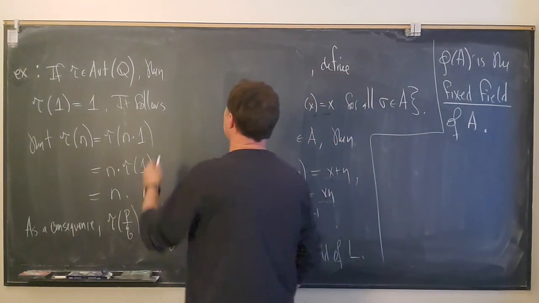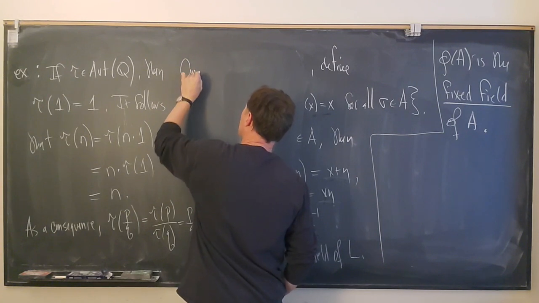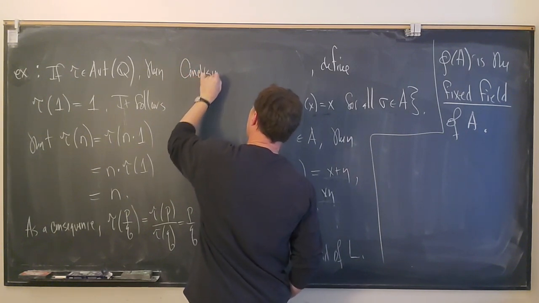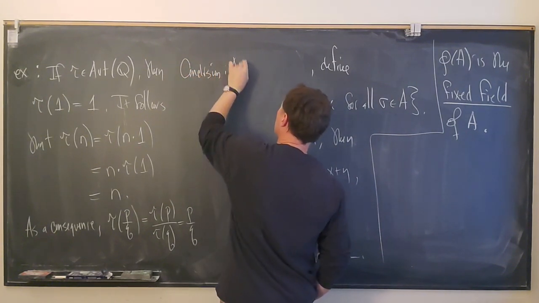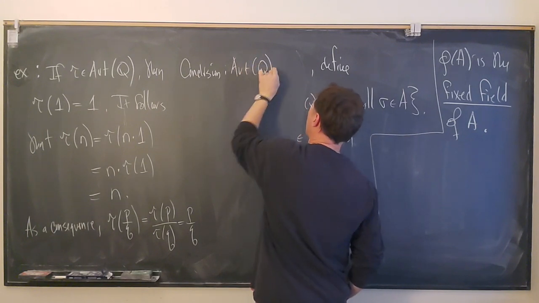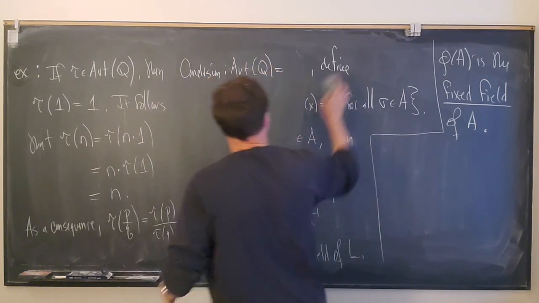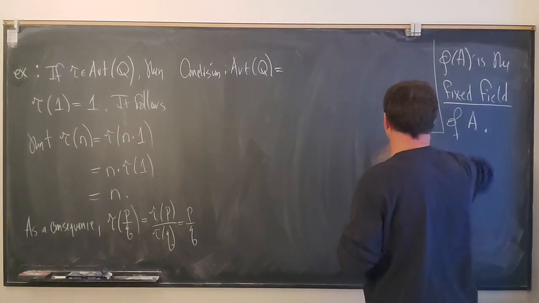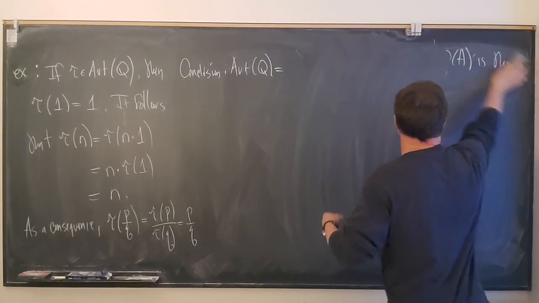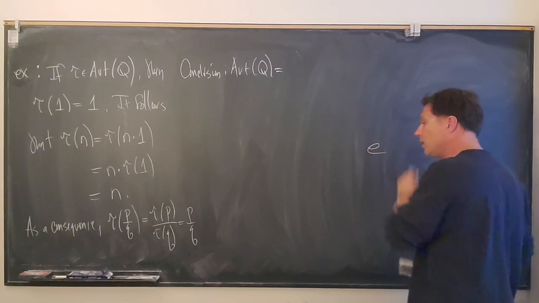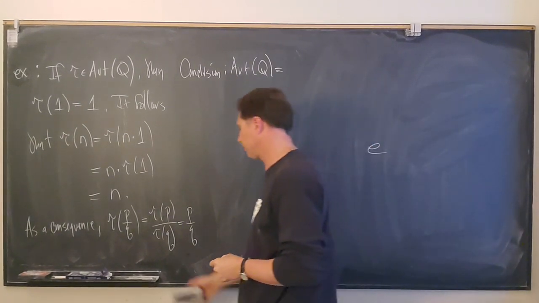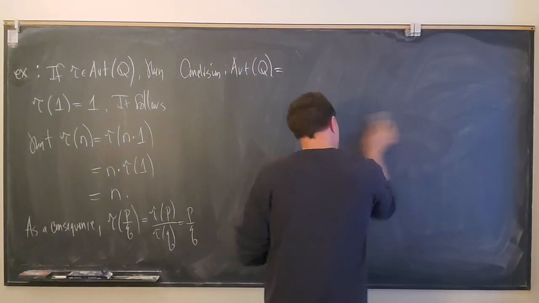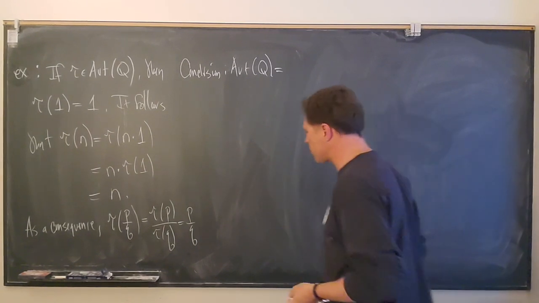So the conclusion is that Aut Q is trivial. At some point back in Math 481, I said at some point you stop writing e for the identity, and you start using more advanced notation.